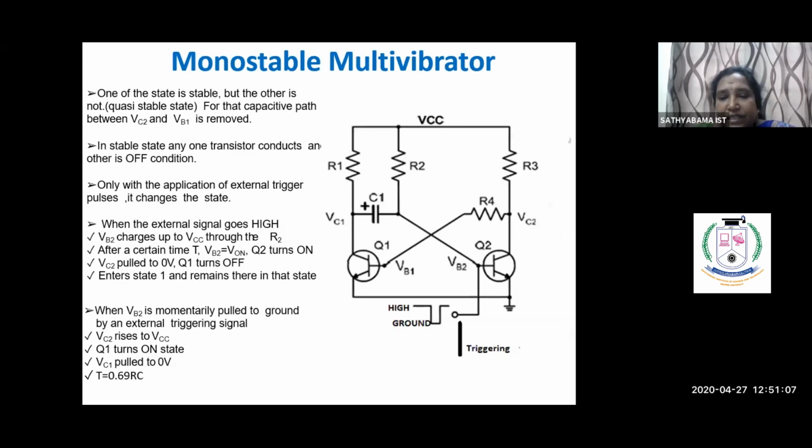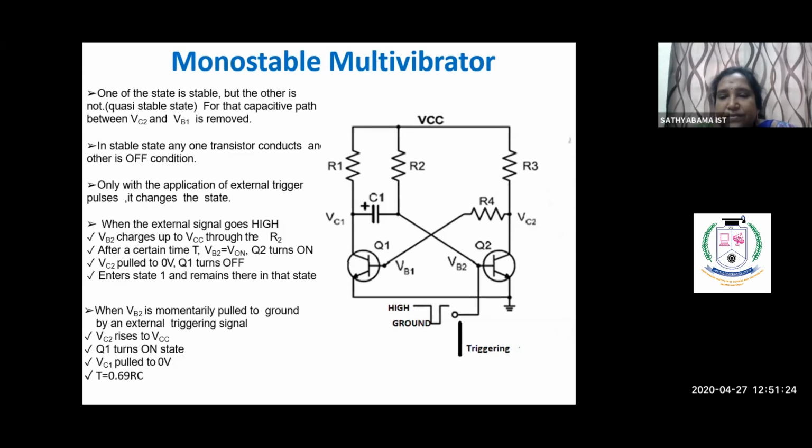Now we'll see the concept of triggering. Look at the diagram: the triggering is applied at the Q2 transistor, and I have also shown the triggering pulse here. First it is in the high state, and after some time it changes to the ground state.